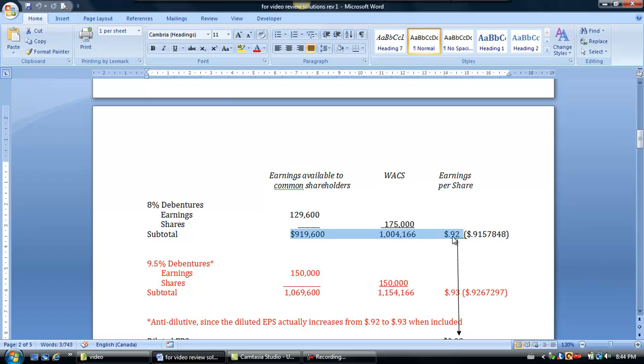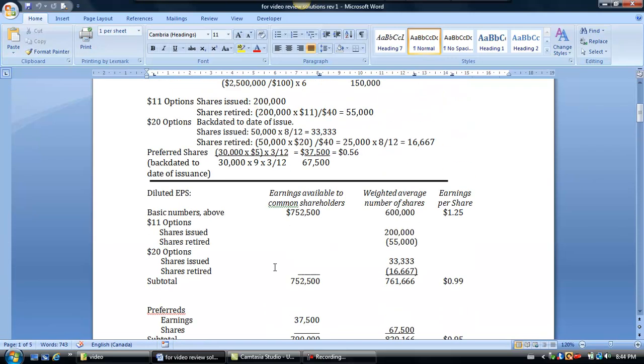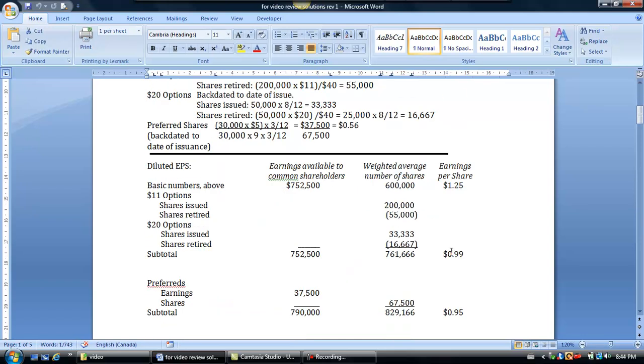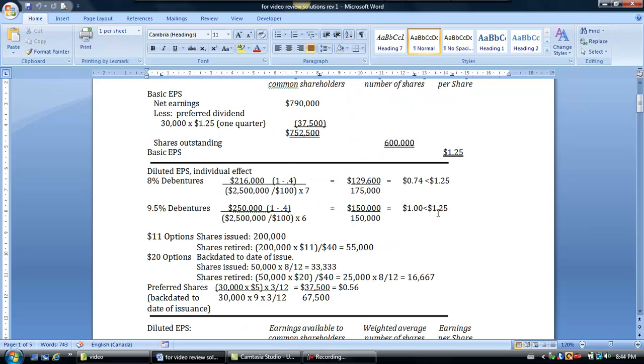Now, the last thing we want to look at are these 9.5% debentures. But here's the deal. We know earlier on that these 9.5% debentures have an EPS impact which by the time we get here already exceeds our diluted EPS calculation. That's a clue to us that even though they tested dilutive before, if we had included them, they would have given us an anti-dilutive position.